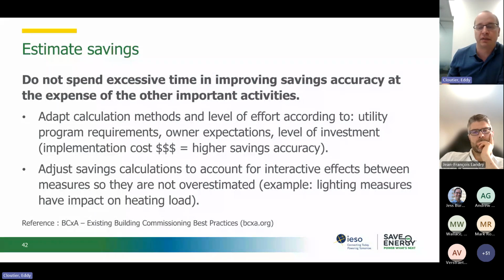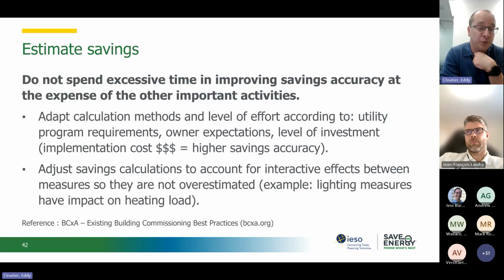Depending on the case, efforts must be adapted for the precision of the energy calculation according to client requirements, the requirements of the subsidy programs, and the potential of the measure that is proposed.